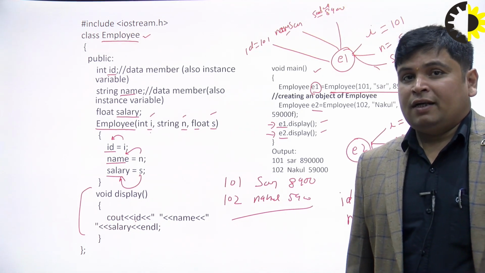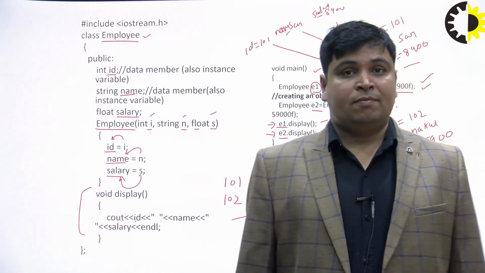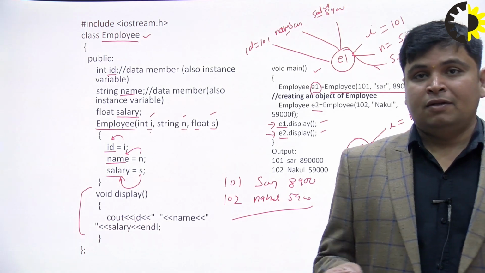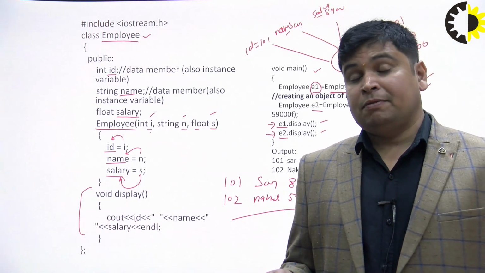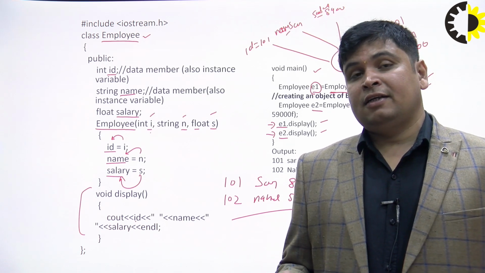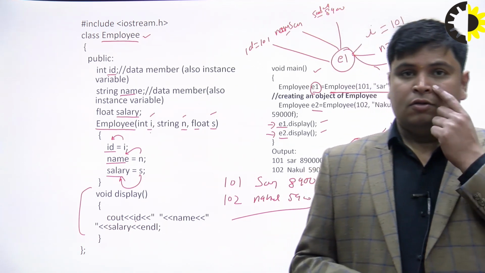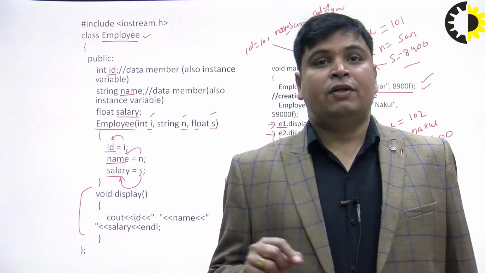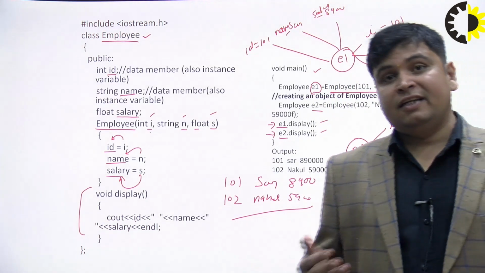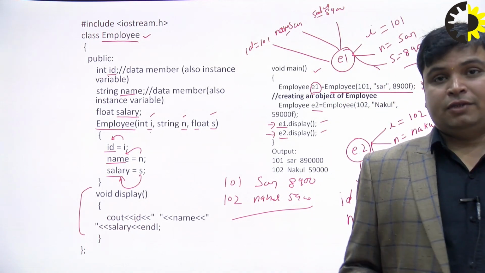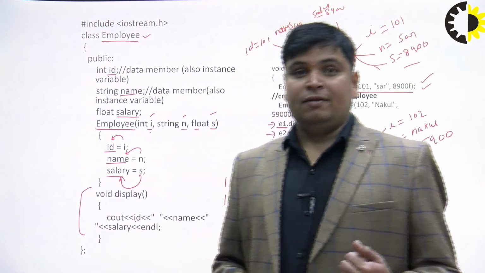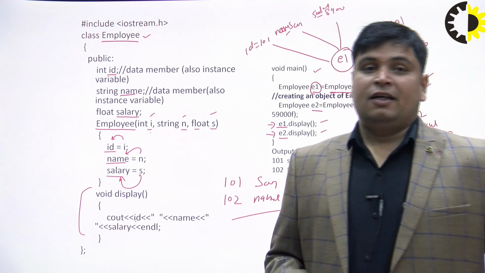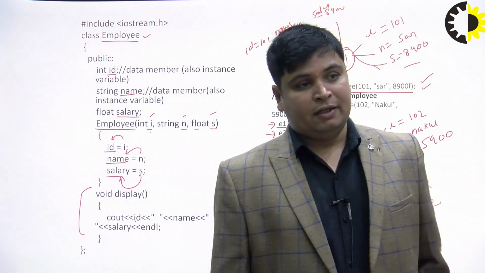So if we are assigning 4 values for 60 objects, like name, attendance, marks percentage and mobile number, we would write 60 into 4, 240 lines of code only for assigning the values to particular objects. But if we are using the constructor, we simply write a few lines and the assignments for all 60 objects will be executed automatically.